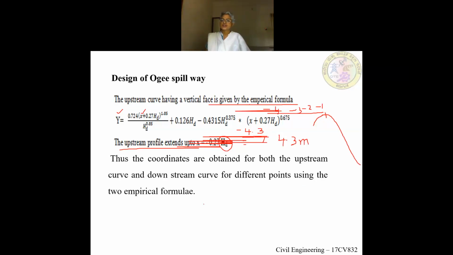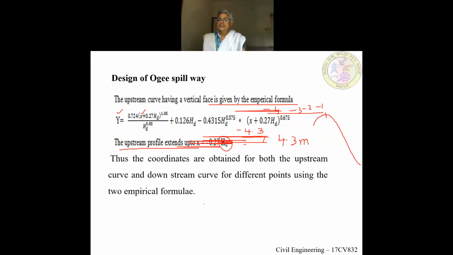Thus, the coordinates are obtained for both the upstream curve and the downstream curve for different points using the two empirical formulas. I will just brief what we have discussed till now. In the design of the Ogee spillway, we have to see that there is maximum discharge for the limited length of the spillway. To get maximum discharge, the coefficient of discharge should be maximum.